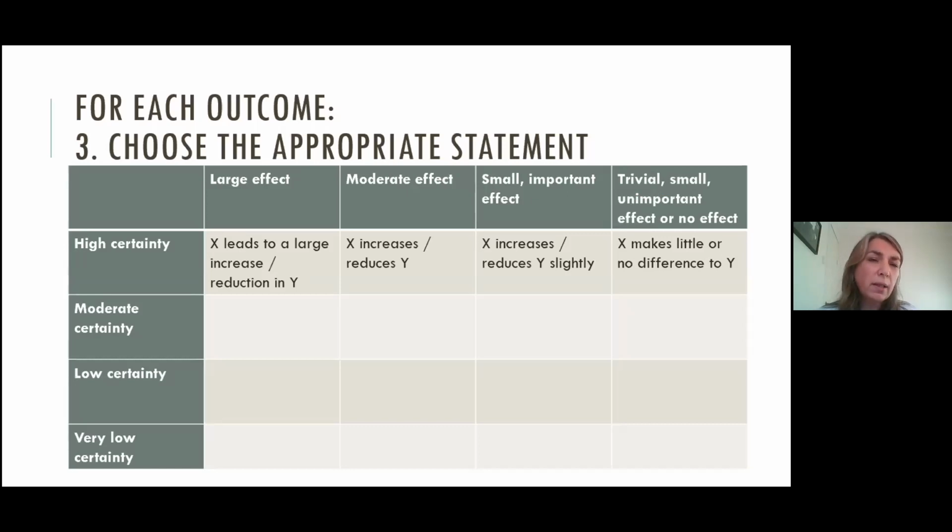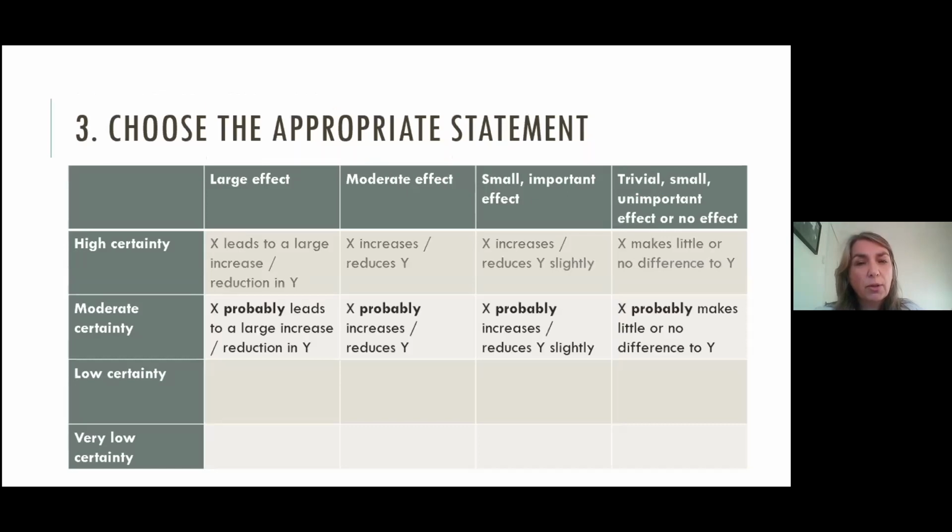However, if you have anything less than high certainty, you'll want to indicate that. You're trying to give an indication to the reader that this is not 100% sure, it's not written in stone, there is some level of uncertainty. And the way we've solved this in the English language is to add modifiers.